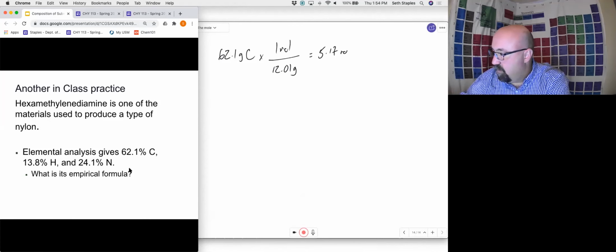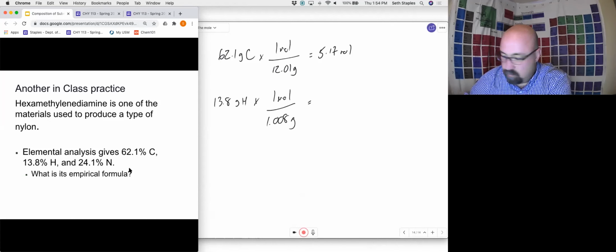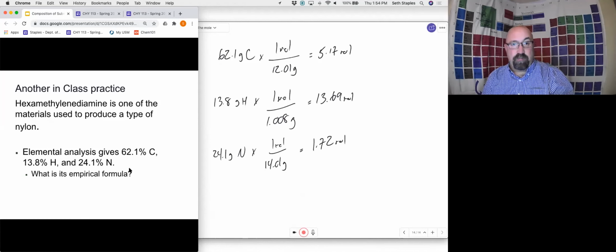This is the same thing that we've seen a few different examples of. 13.8 grams of hydrogen, convert that over to moles. Now we're going to divide each of those by the lowest amount.